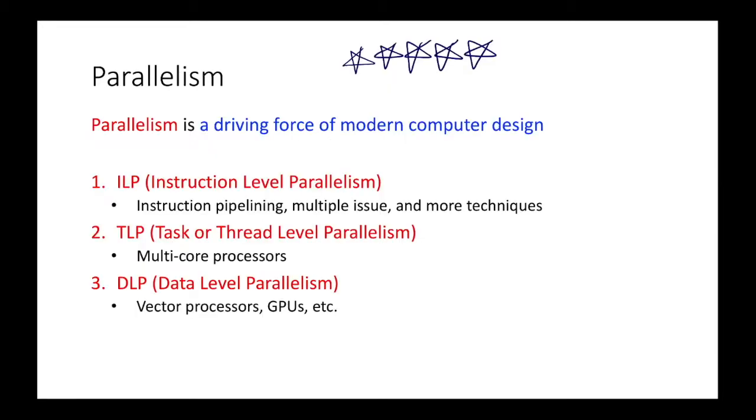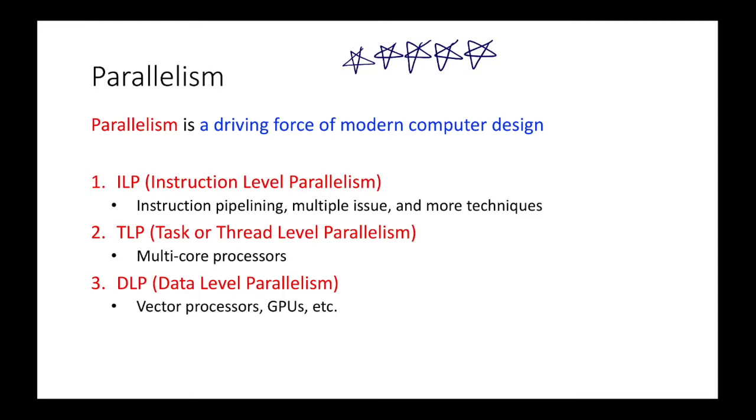Now let's talk about parallelism. Parallelism is a driving force of modern computer design. And there are 3 types of parallelism that we are trying to exploit. The first one is ILP, the instruction level parallelism. We talked about this before. We use instruction pipelining and multiple issue techniques to improve ILP.